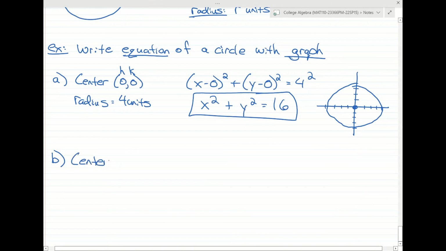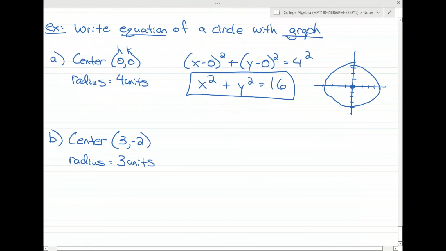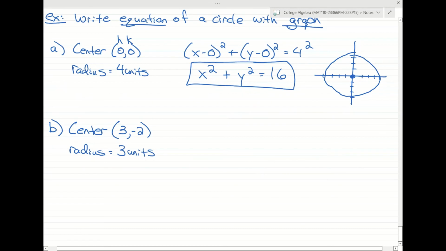We have a circle with center at 3, negative 2, and the radius was 3 units. Similarly to what we just did, x minus 3 squared plus y minus negative 2 squared equals the radius squared.